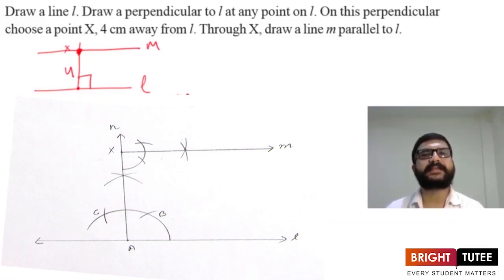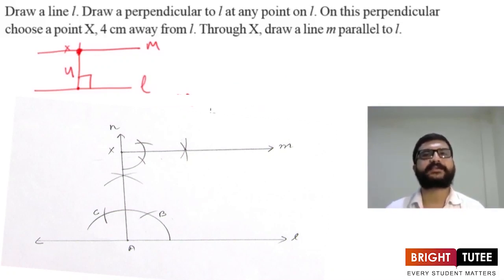So here we have drawn a 90 degree angle and we have named this line as M. So now we got line M parallel to line L. So this is how we can draw a line which is parallel to any given line. And we have to write steps of construction also. Whatever we are doing, we will keep writing as steps of construction here.